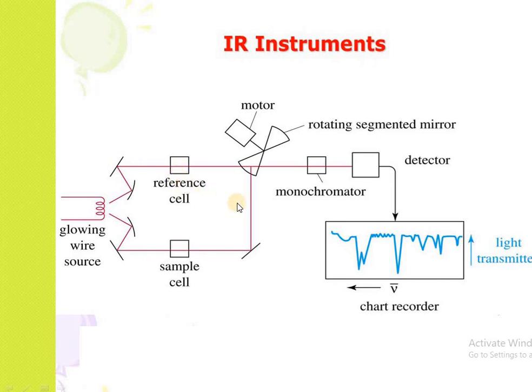Then they meet in a chopper, and the radiations then pass through the monochromator and then the detector, and by the detector a chart is recorded, a spectrum is recorded.